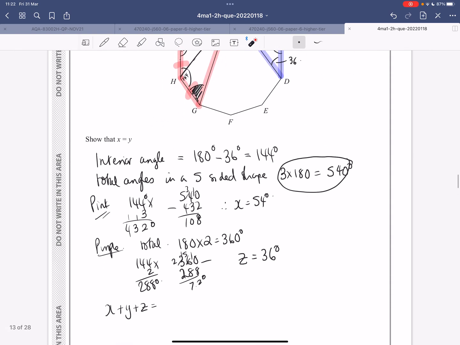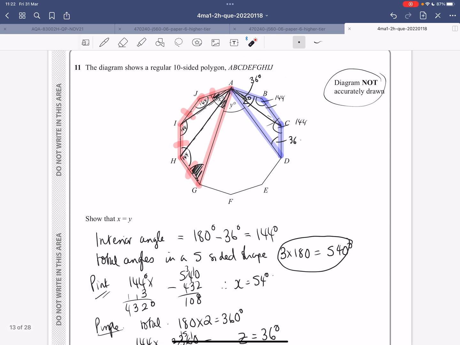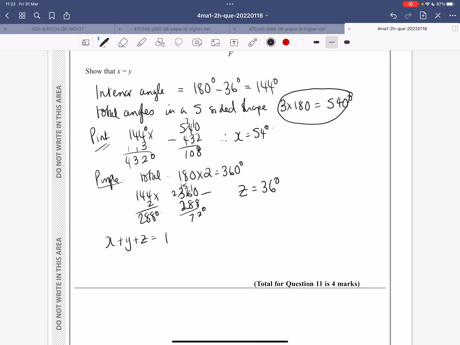Right, so x plus y plus z, that's one of these, 144 degrees.